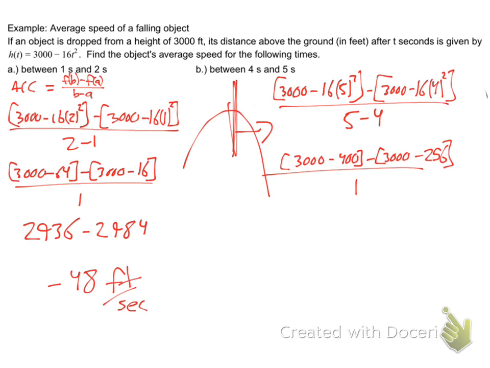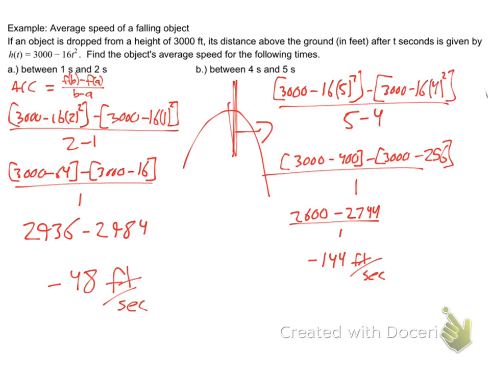Actually, last hour I did this backwards. I did from 5 seconds to 4 seconds. Still came up with the same answer. 2,600 minus 744 all over 1. Subtracting those two is a negative 144 feet per second.